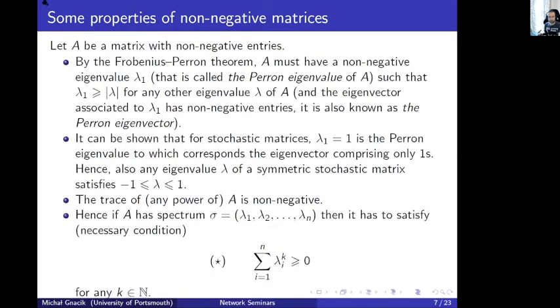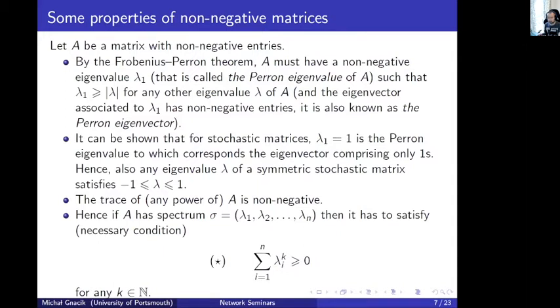So I mentioned first that I'm starting with non-negative matrices. What are the properties of non-negative matrices that are important, in particular to this research that I have done? First of all, when I say non-negative matrix, here I mean a matrix with non-negative entries.